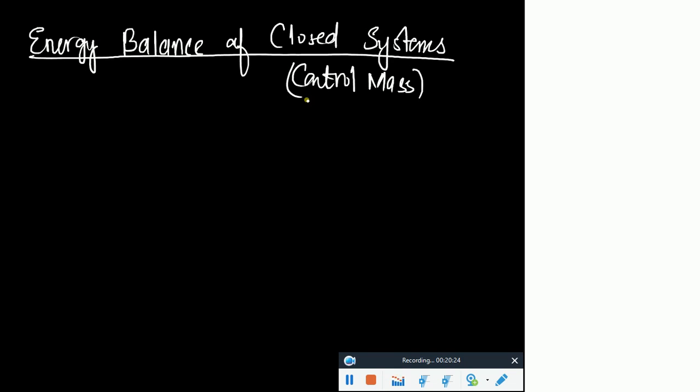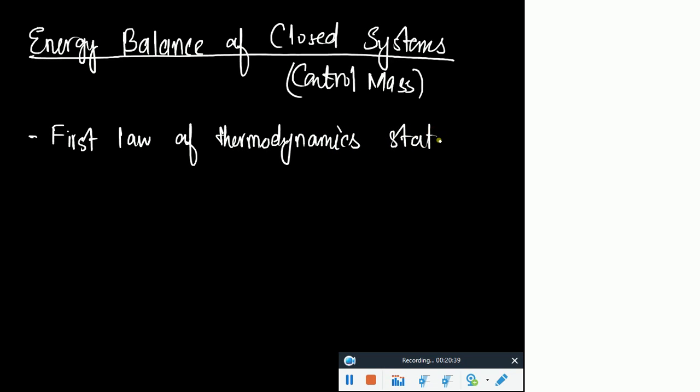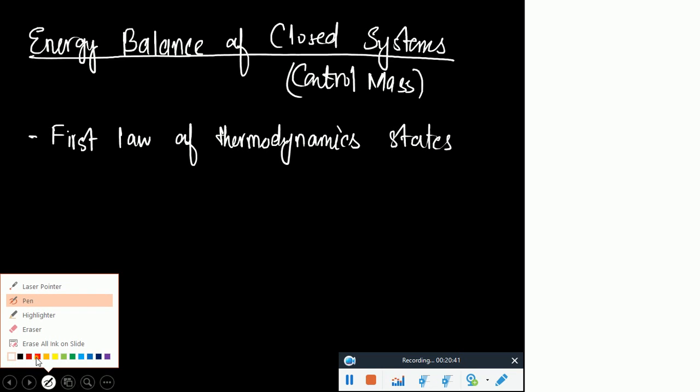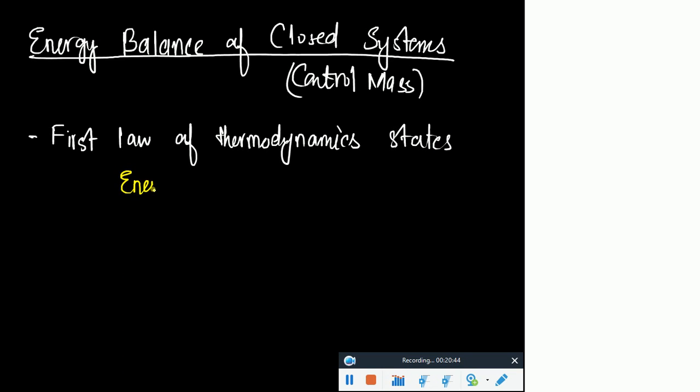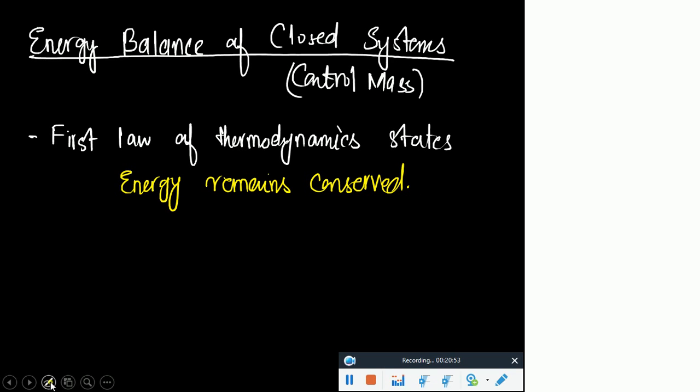So the first law of thermodynamics says energy remains conserved.